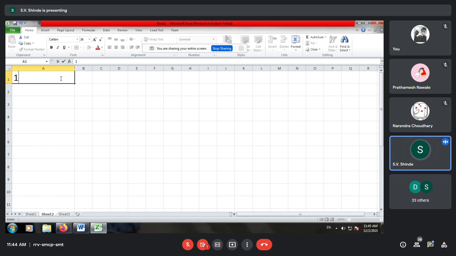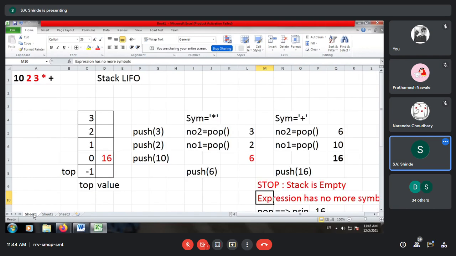a postfix expression. Given the expression, find the answer. Yes, participants, you have to use the stack method.